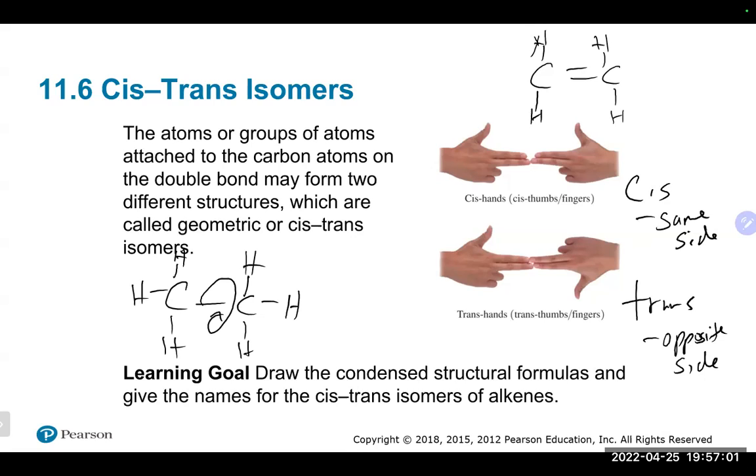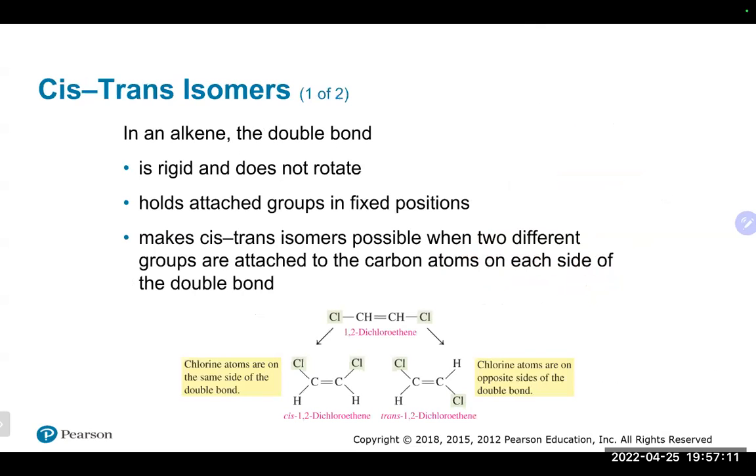Now, there are a couple of things that you have to make sure of in order for a cis or trans isomer to be even possible. You should always look at the double bonded carbons, and you need to have different groups on the same carbon.